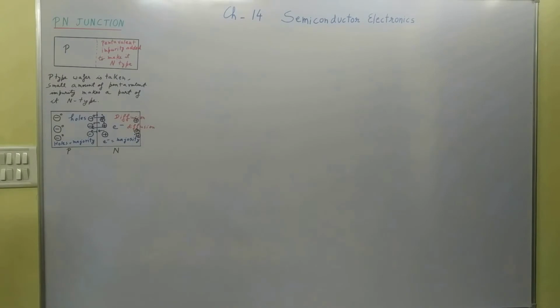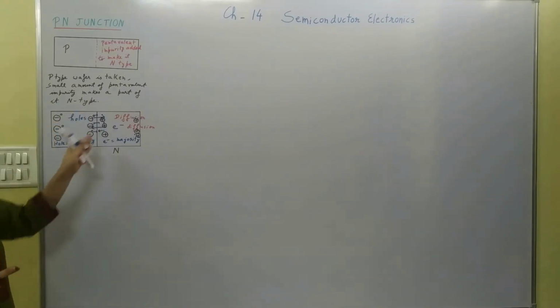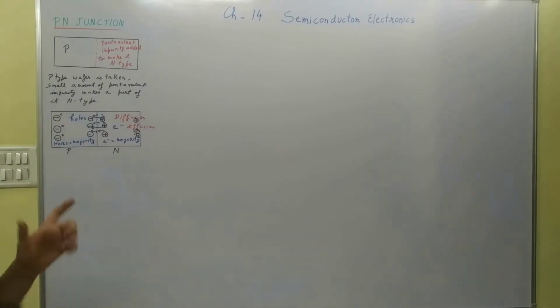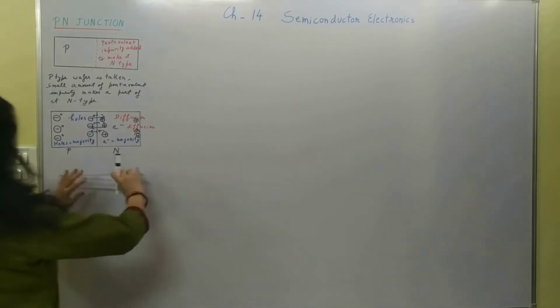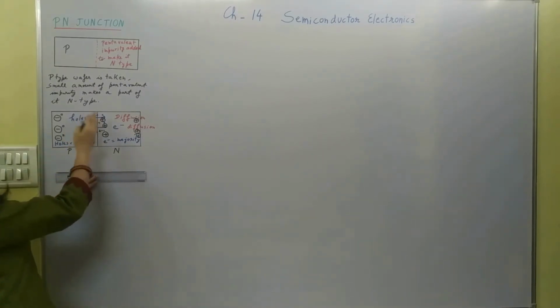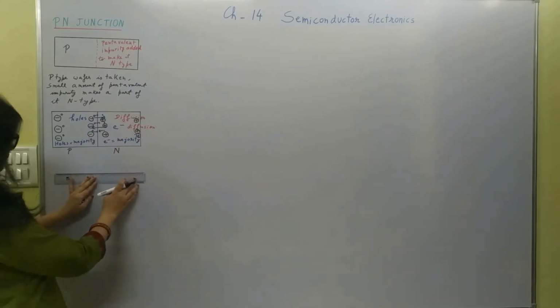So what happens after some time? After some time, there is an accumulation of negative charges on the p side and positive charges on the n side of the junction. Why? Because the holes are diffusing this side, and holes and electrons are recombining.